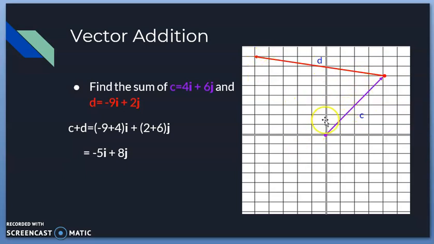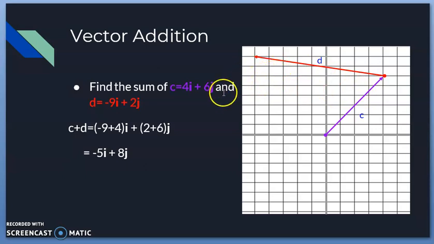The interesting thing about this particular set of vectors is that c starts at the origin and has a terminal point here, while d starts from the tip of vector c. So using this, we could use the triangular method to visually represent the addition of these two vectors.